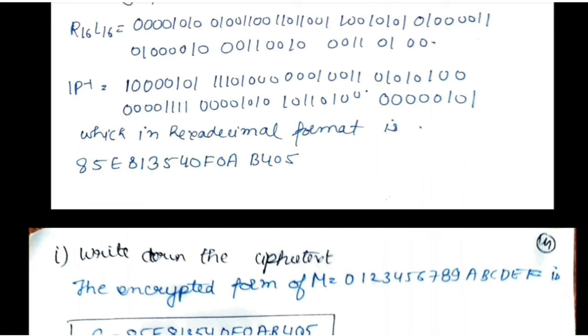And the hexadecimal format of this IP inverse is 85E813540F0AB405, and this is what we required for our last question, that was to write down the cipher text. So our encrypted form of M, that is 0123456789ABCDEF, is 85E813540F0AB405. So this was the whole solution for DES.